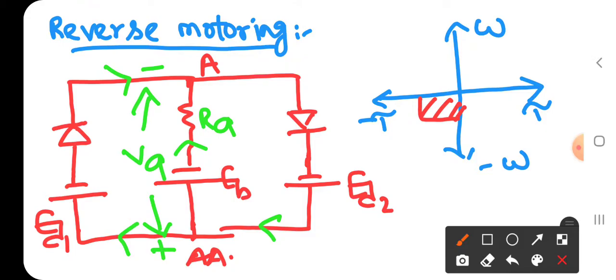The armature current flows from AA to A. The source for the current is the negative converter only.